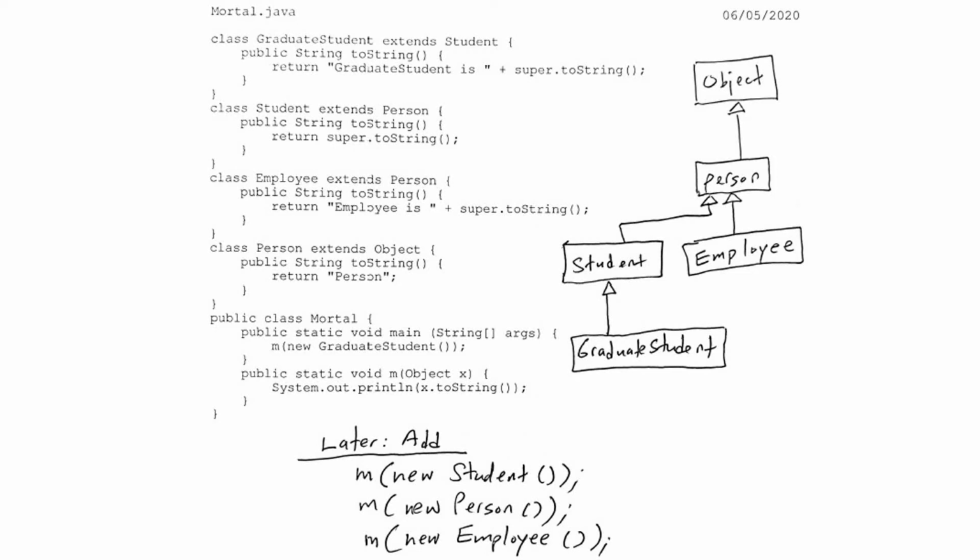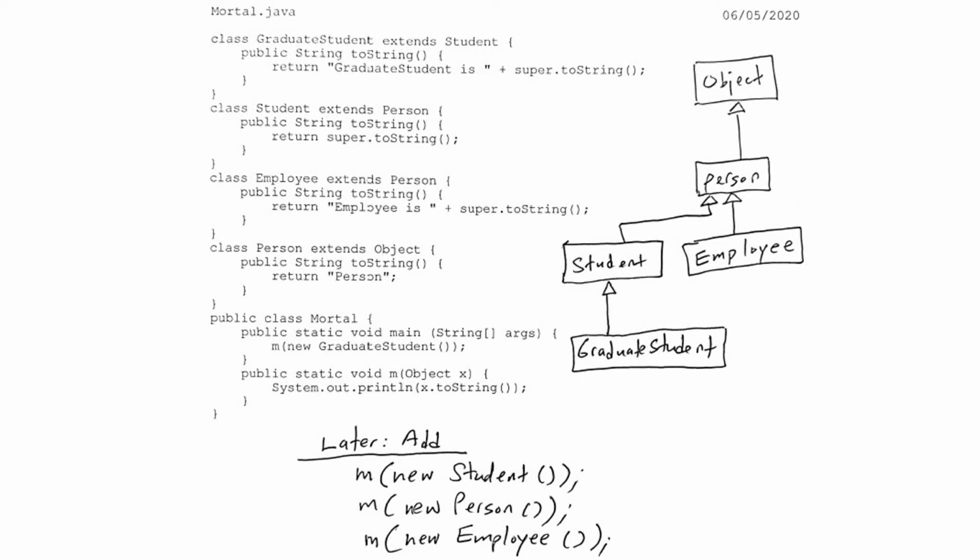Okay. Now the compiler will go to the graduate student class. However, when the compiler looks for the no argument constructor in the graduate student class, there is none there. No problem, the compiler will create one for you. But before we can create graduate student, the compiler will see, wait, graduate student extends student.